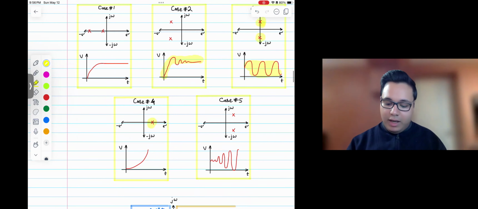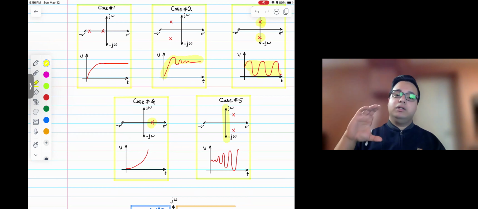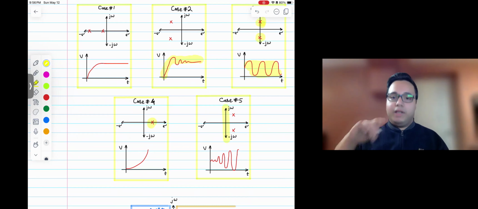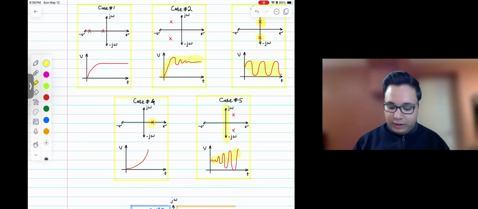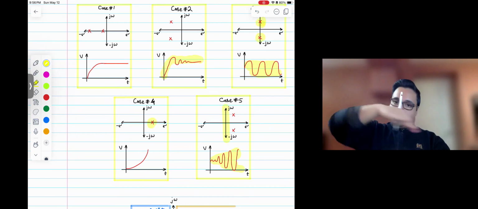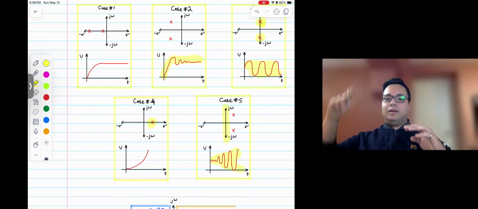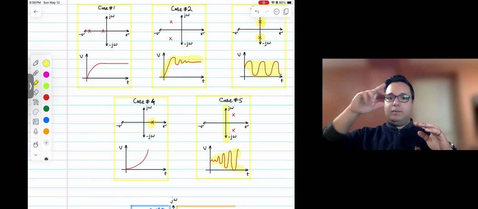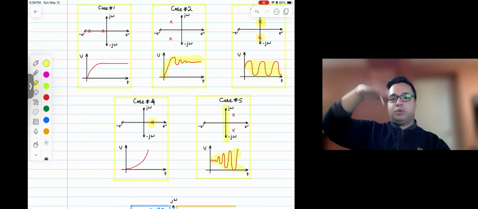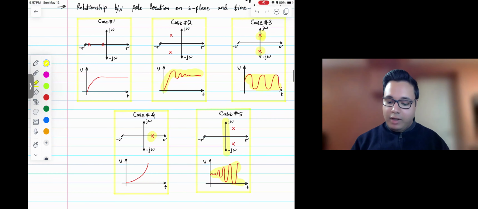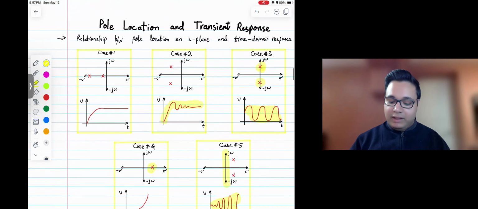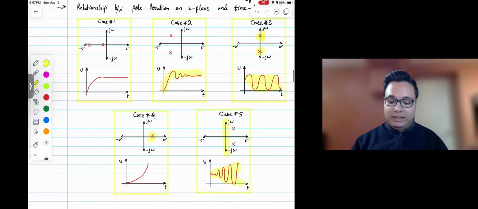And in case number 5, if you have an imaginary component, again the j omega component, then you're going to see some sort of oscillatory response. So you would have an exponential, but with some ringing or oscillations as well, which are sort of blowing out. And so case number 4 and 5, and even 3, are something that we usually don't want to see in our circuits.